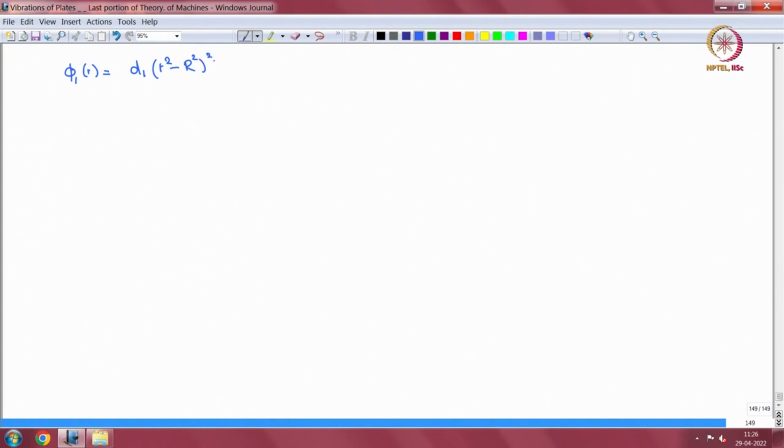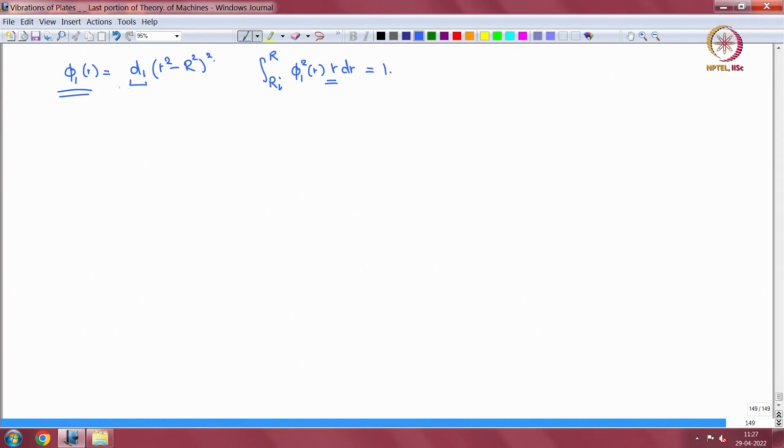Okay. Now as was shown in the rectangular case, we can normalize phi 1 of r right now or later. So here we normalize right now. So the constant d1 is chosen such that the integral from r inner to r, phi 1 square of r dr, this r is now important, is equal to 1. Okay.